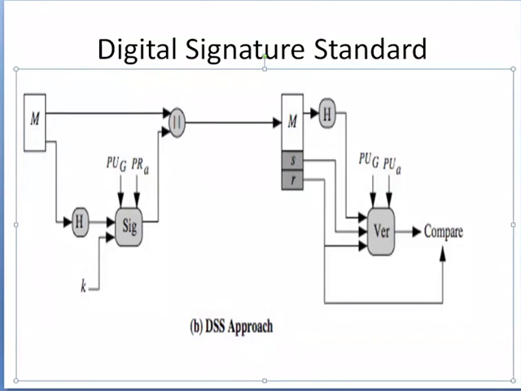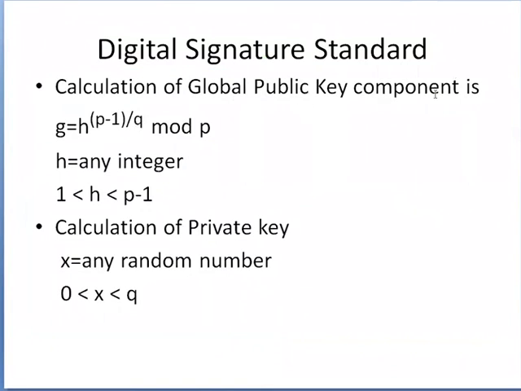Here the calculation of the global public key component is G equals H raised to (P minus 1) by Q, mod P. So basically we are going to calculate the global public key component. H is any integer, which resides between 1 and P minus 1.